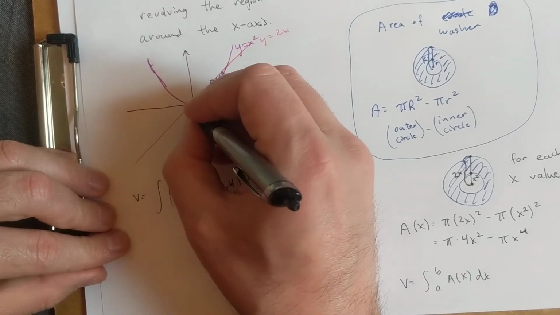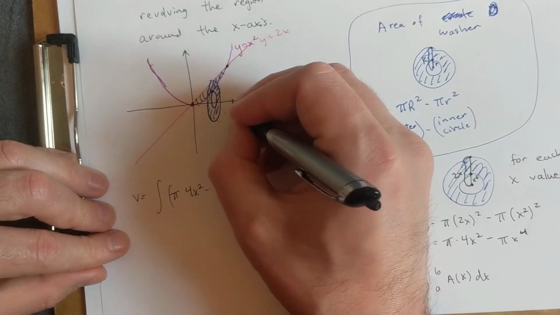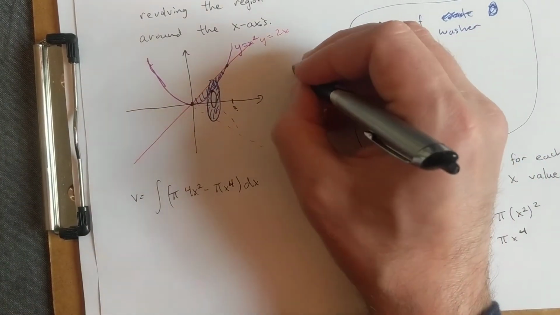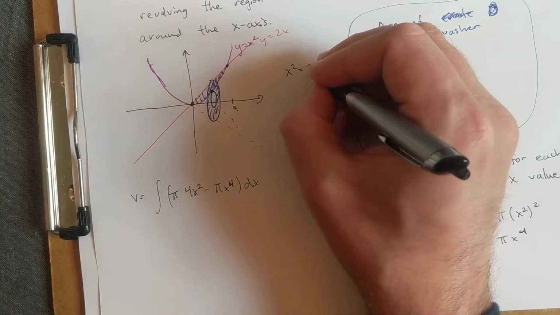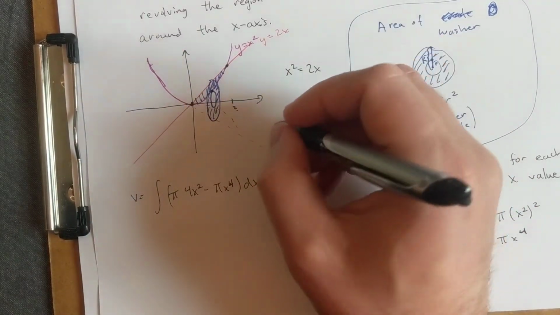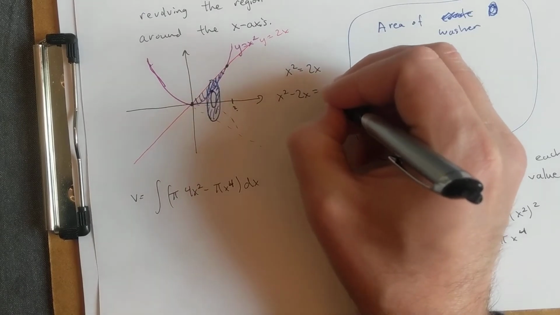I can see this starts at 0 probably, but the question is, where am I ending? To do that, we can just set the two functions equal to each other. So if we assume the y values are the same, then we see what the x values need to be. I can just subtract this over.